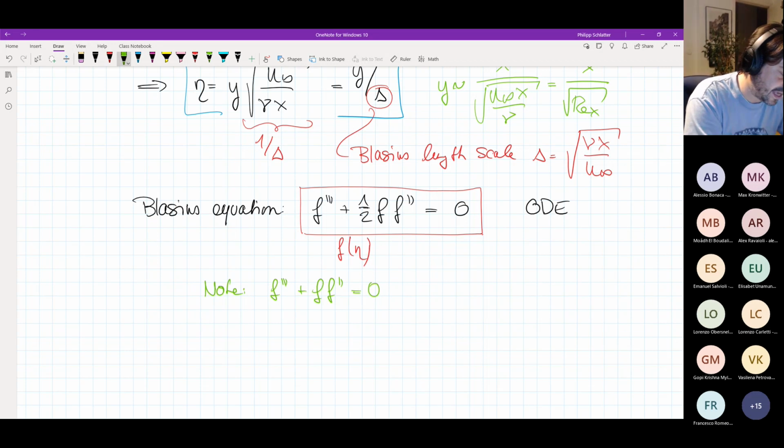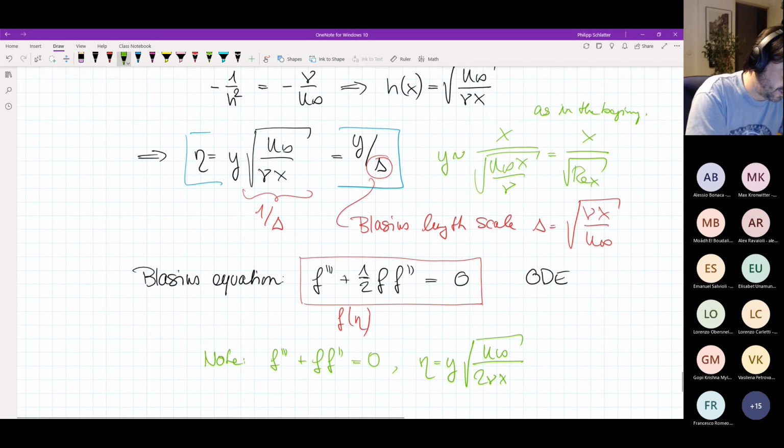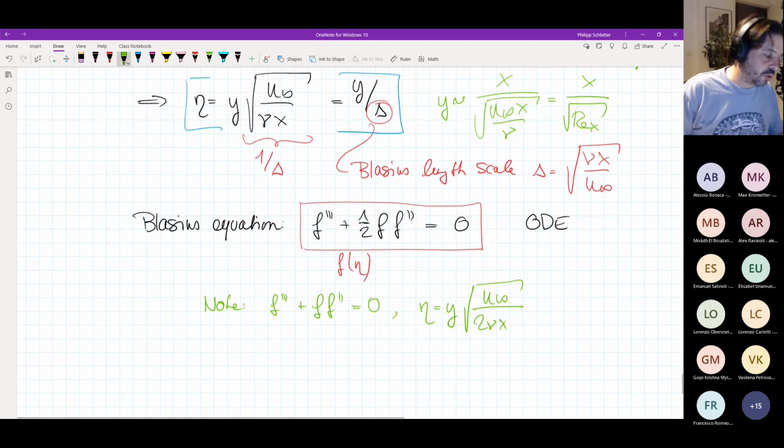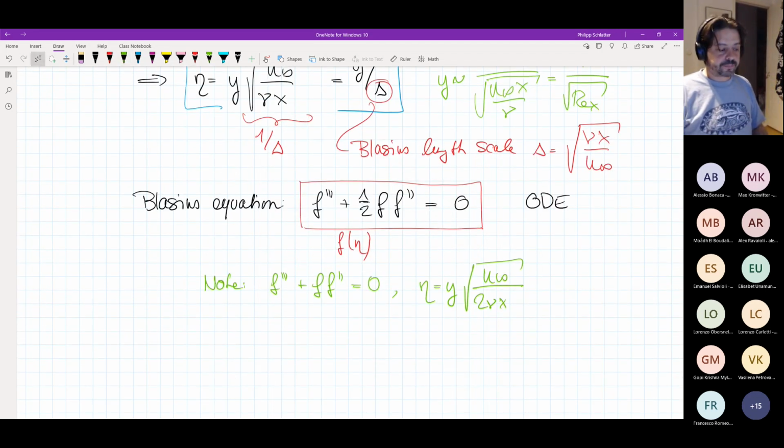But then the scaling of eta would be the following: eta would be y times the square root of u infinity divided by 2 nu x. In my case, I have no 2 here, but I have a 2 in the equation. That's just for completeness, because some people write it in a different way. But of course, the result in the end is the same when you take into account all these scales.